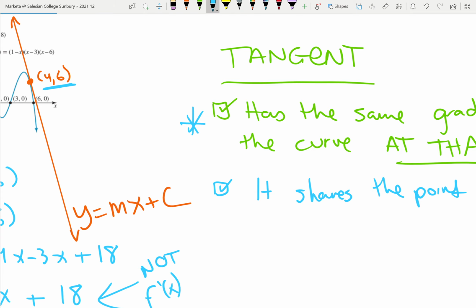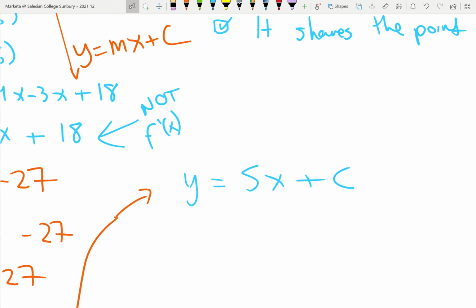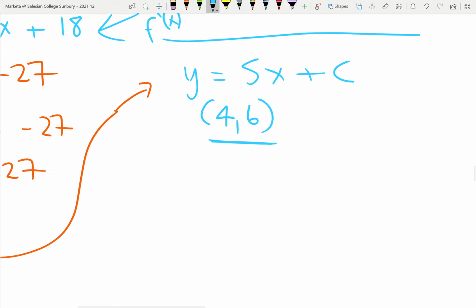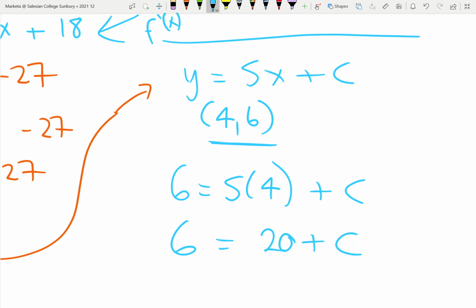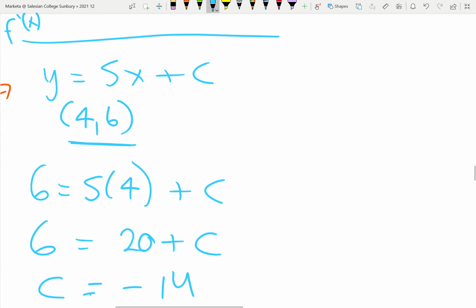Now it shares the point, so we're subbing in the point (4, 6) to find the value of c. That's an x, y point on the graph, the coordinates there. 6 equals 5 times 4 plus c, 20 plus c, and c equals neg 14. So my final answer is y equals 5x minus 14.